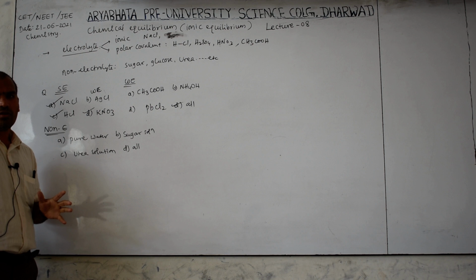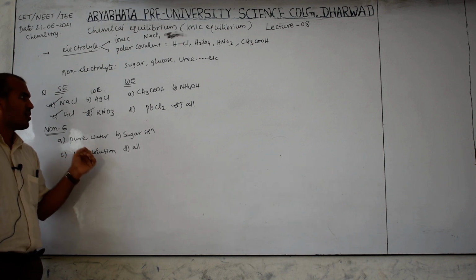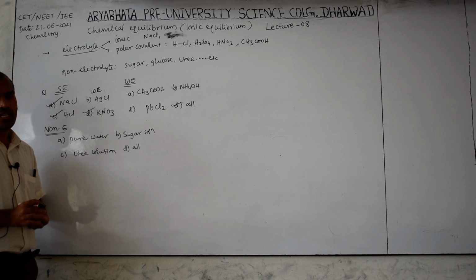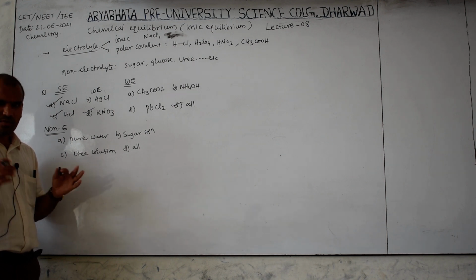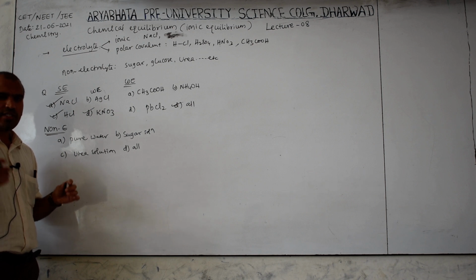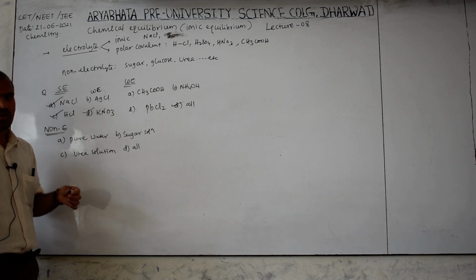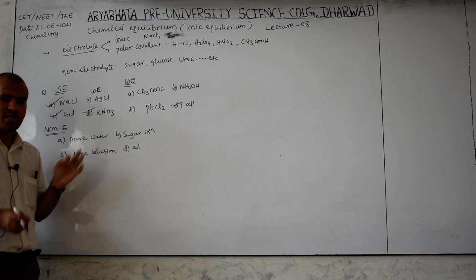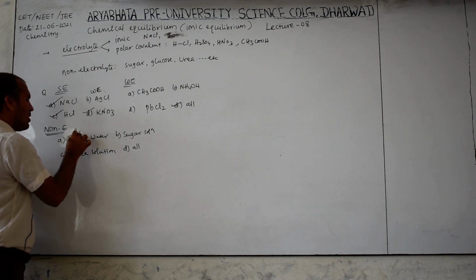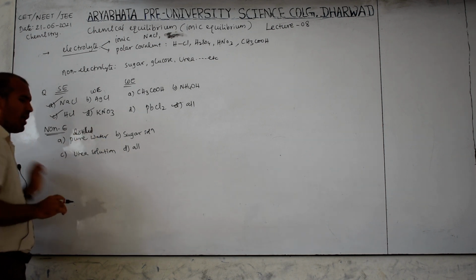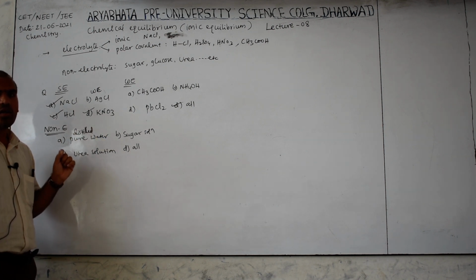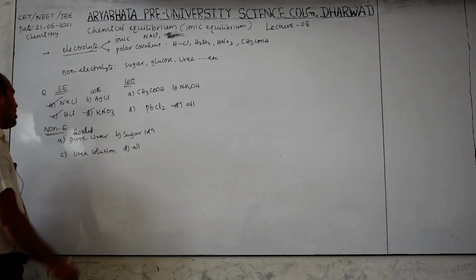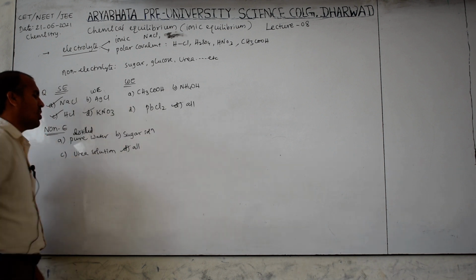It is negligible, therefore pure water is also considered a non-electrolyte. But don't do this experiment at home: whatever water we use has some minerals, so some ions will be present, and if you pass current it will allow the current. Pure water means distilled water. Distilled water is generally a non-electrolyte; it has some conductivity but very low. Therefore option D, all.